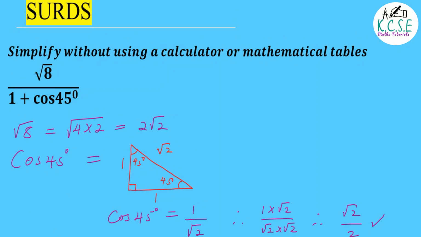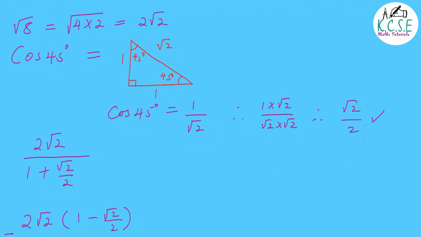So we started by expressing root 8 as 2 root 2, then we obtained the expression of cosine of 45 in surd form. We used an isosceles right-angled triangle with sides of 1 unit and the hypotenuse root 2. We simplified and got cosine of 45 as root 2 over 2.